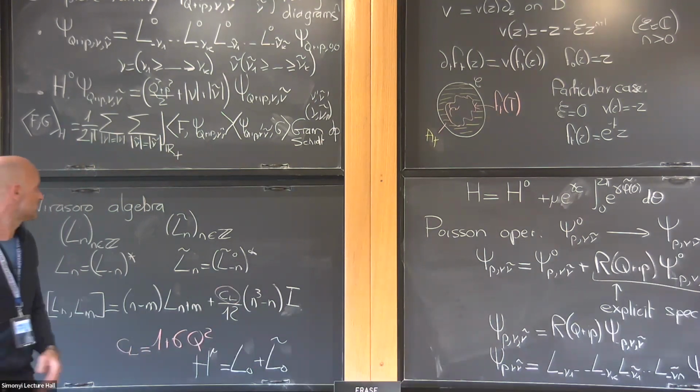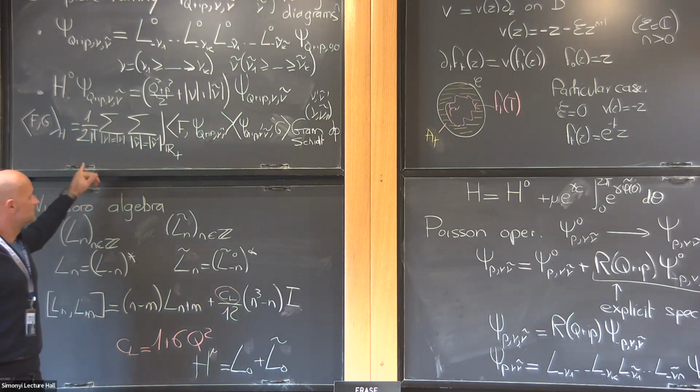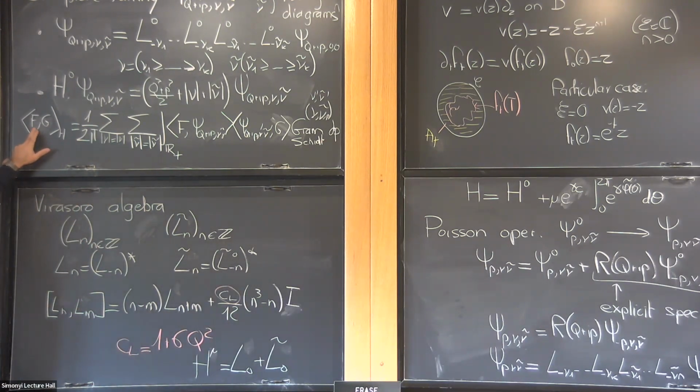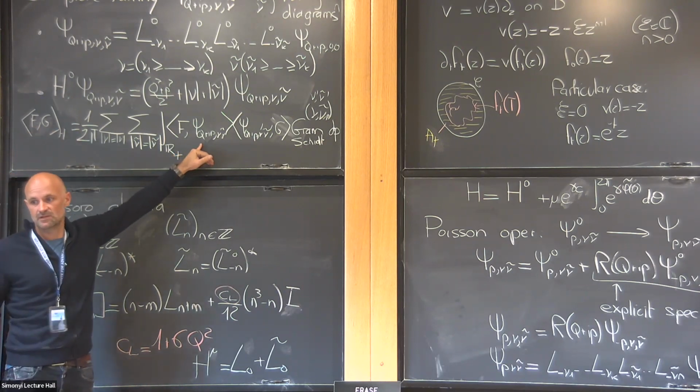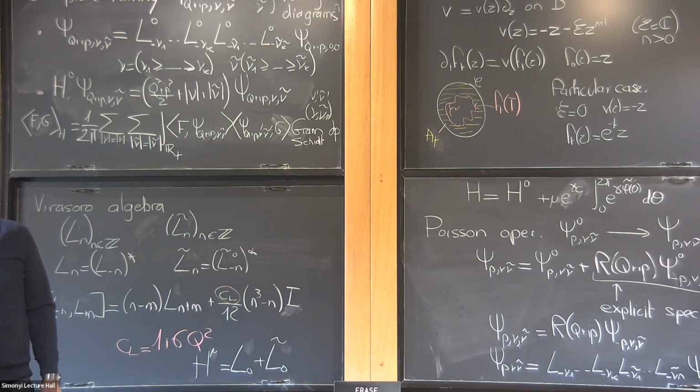Formally you can write a state as a sum over this basis here, and the coefficients in front are just the OPE coefficients of physics. So this is really the way you can understand the OPE in this framework. And these Gram-Schmidt coefficients go into the conformal blocks.